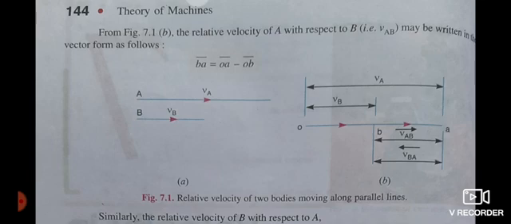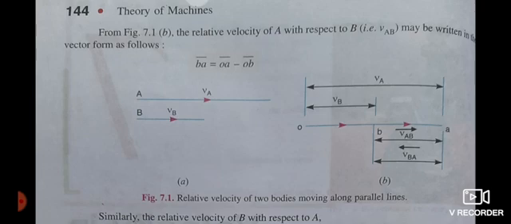So here the relative velocity of A with respect to B, that is VAB, may be written in vector form as follows: vector BA equals vector OA, in the second diagram, 7.1b. O to A is longer, VA is longer, and VB is smaller, so B is in between, and this is VB.